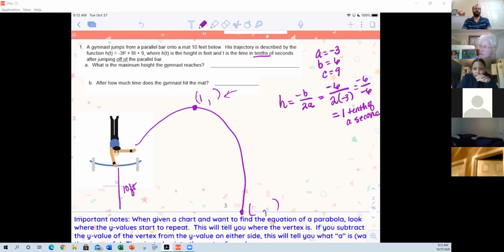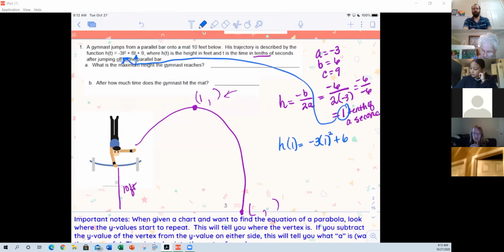So we're going to take that 1/10 of a second, right? And we are going to plug it into the T's right here. So our H of 1 is going to be -3 times 1 squared plus 6 times 1 plus 9.